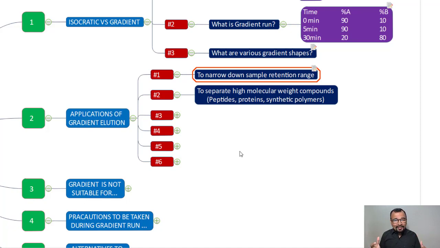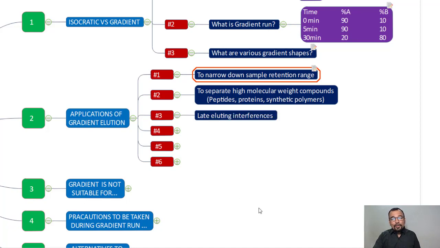Researchers found that the gradient elution technique helps in separating and resolving high molecular weight compounds like peptides and proteins, which have molecular weights even more than 1000 daltons, or sometimes in kilodaltons. But you will be able to manage the resolution and separation by using a simple gradient elution technique.